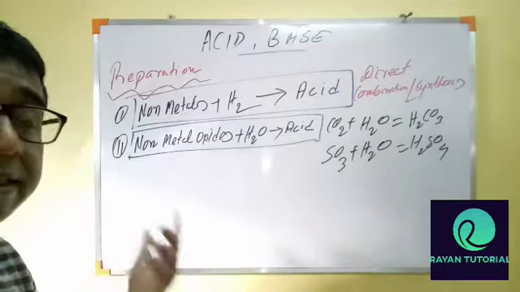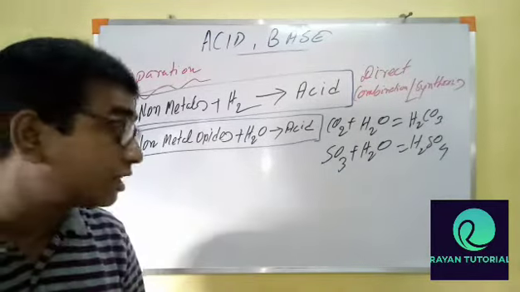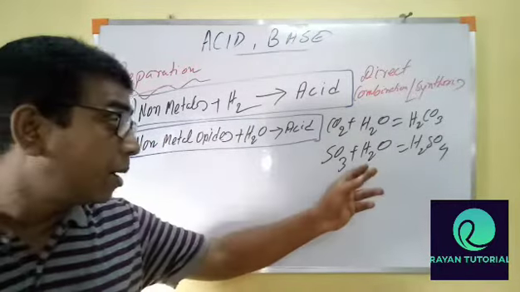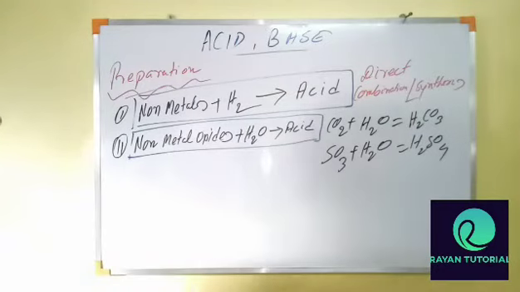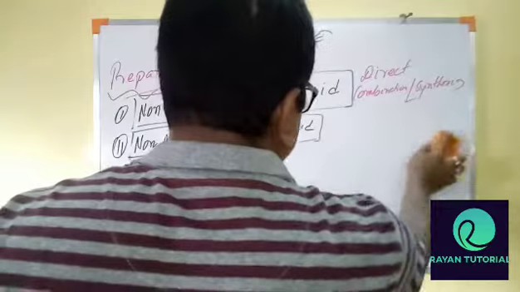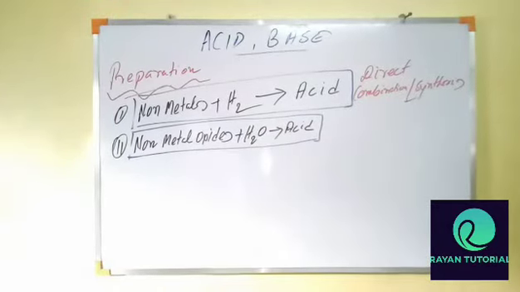SO3, sulfur, it's a non-metal, reacts with oxygen. That means the oxide is SO3, plus water gives you sulfuric acid. Clear? Okay. Next. So direct non-metal plus hydrogen, non-metallic oxide plus water, then oxidation of non-metal.